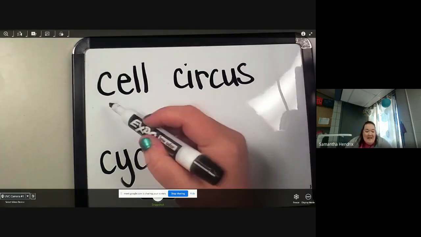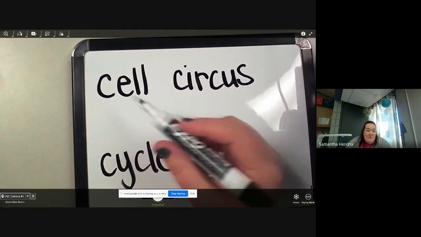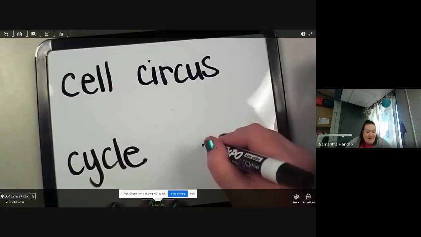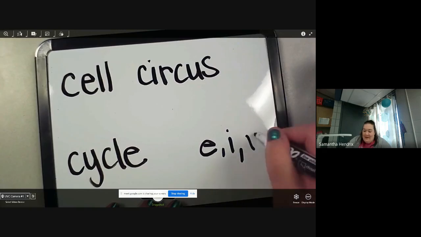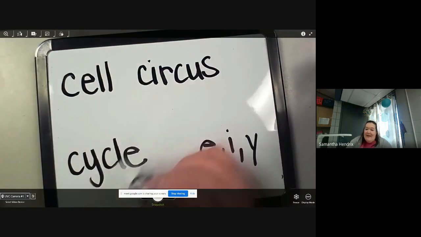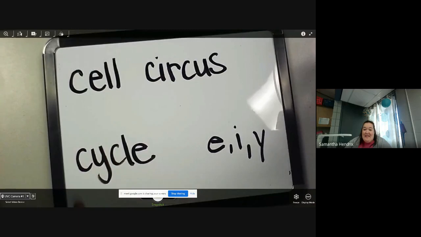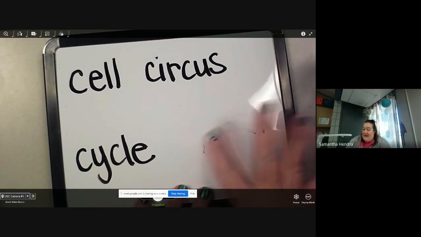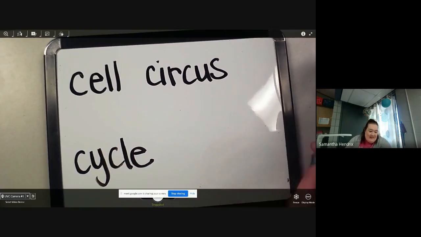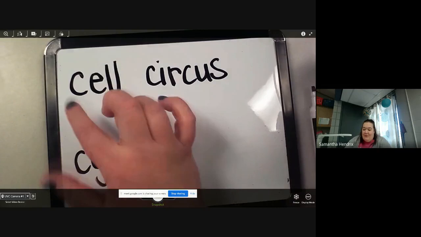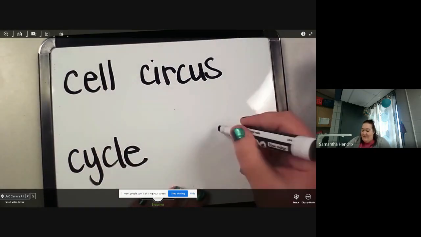So C sounds like an S when it is followed by E, I, or Y. So here's an E, an I, and a Y. So when you have a C and the next letter is E, I, or Y, the C is going to sound like an S. Now before Saxon, pre-Saxon days, the C has two sounds.